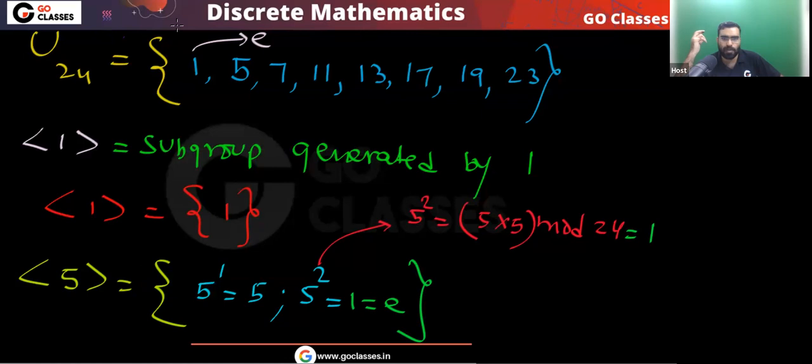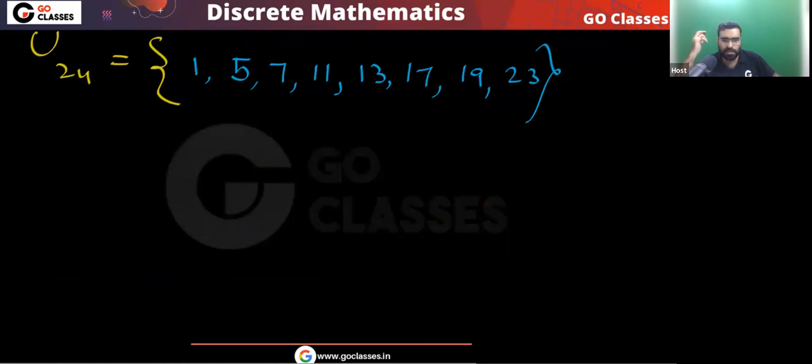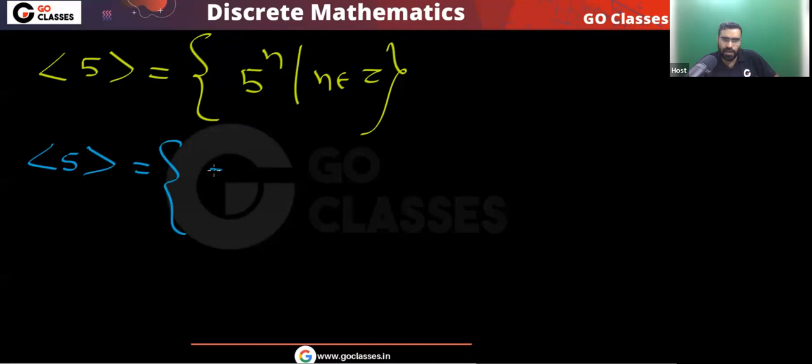I can stop, because the definition of the subgroup generated by 5 is 5 power n, where n is an integer. Now you already know that 5 power 1 is 5, and 5 power 2 is equal to the identity element.